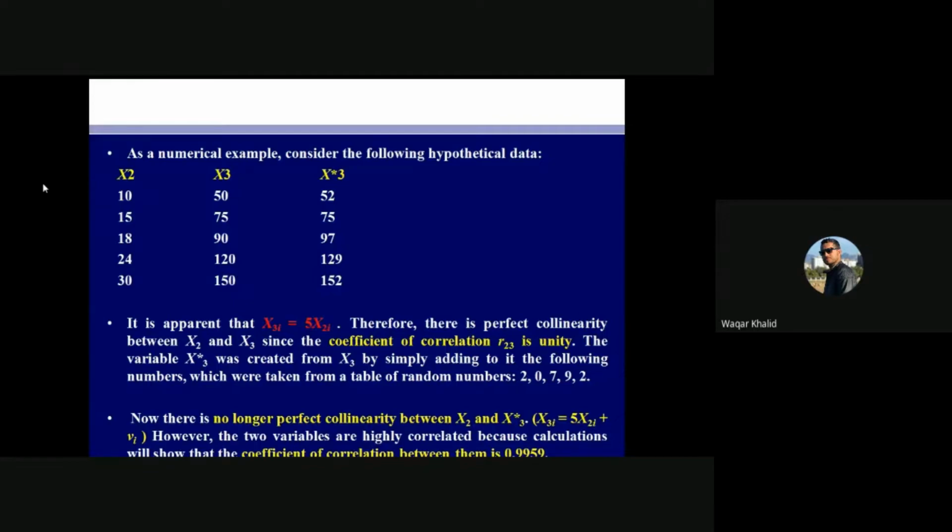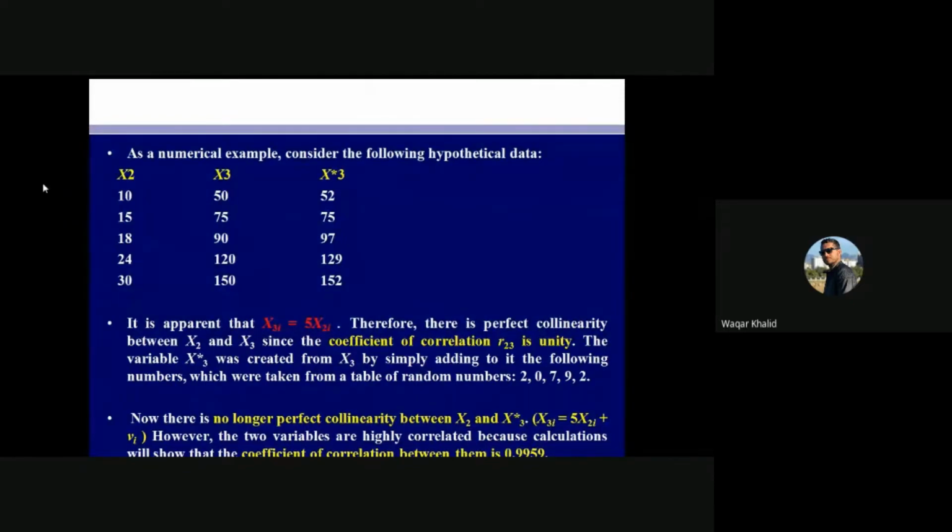Now I am saying that if we change x2 by a single unit, by 1 unit, keeping x3 constant, then on average the value of y will change by some amount.